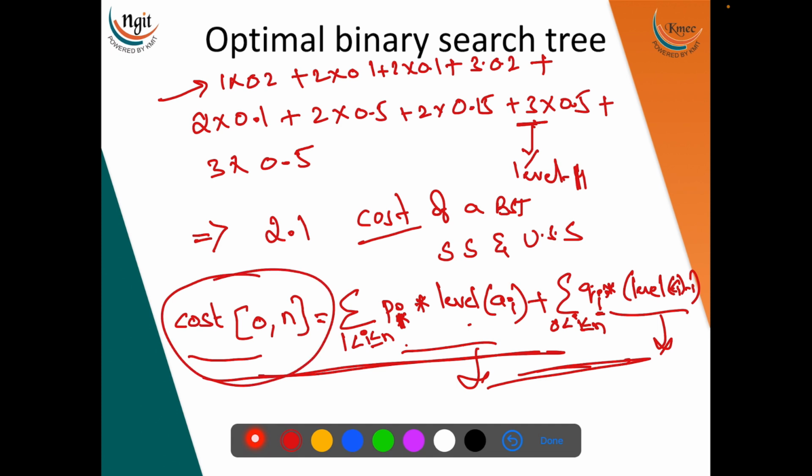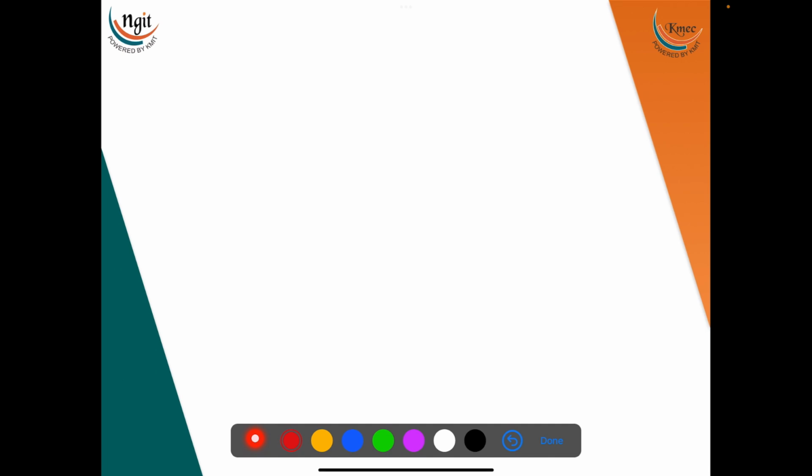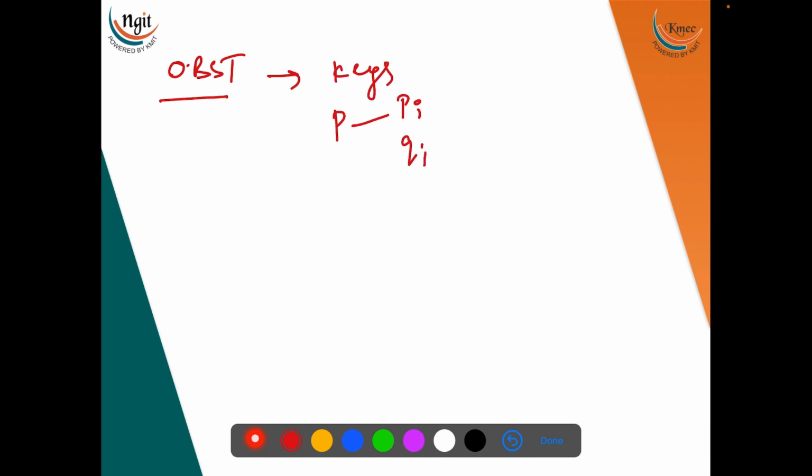Now, what is an optimal binary search tree? It is a problem to be solved, and the problem is that if the keys are given and the probabilities pi, qi are given, we have to generate a binary search tree such that the cost is minimum.